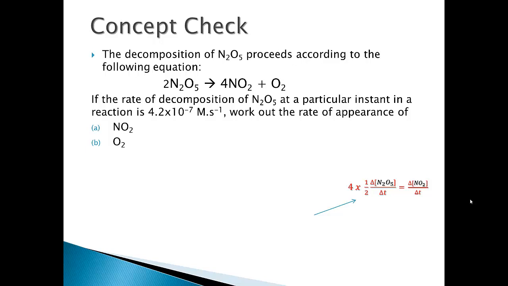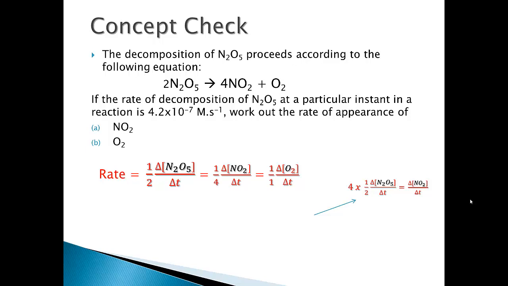Okay, so working with the coefficients, we know it's going to be half the change in the concentration of N2O5 over time. It's also equal to a quarter of the change in the concentration of NO2 over time.